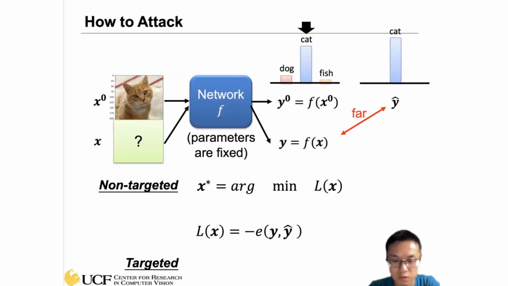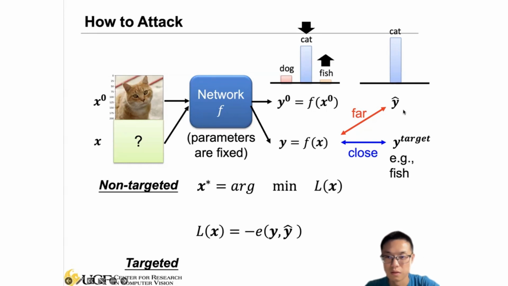But what if we want to do the target attack? In this case, we have a target label, which we call Y target. This could be a fish class. We want the prediction Y to be close to the Y target, but this Y target is not the ground truth Y hat. If we designate this target as a fish class, we want to increase the probability for this fish class.